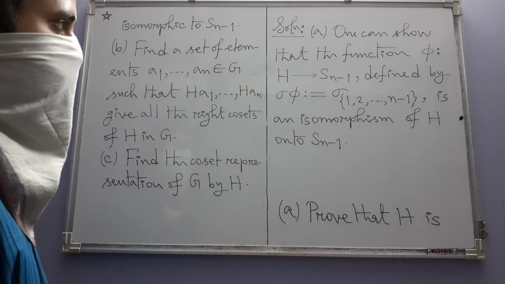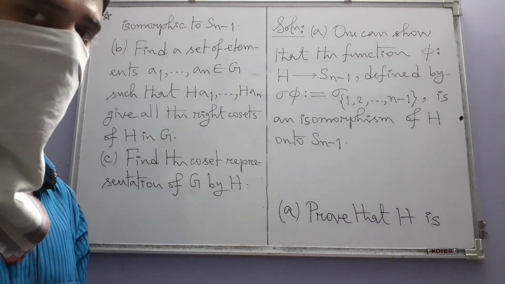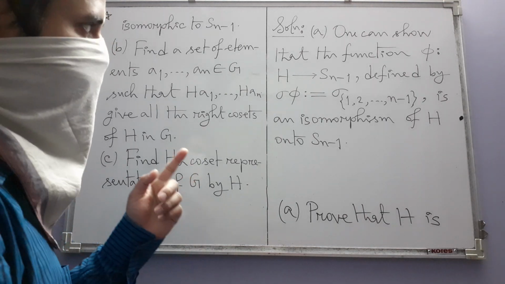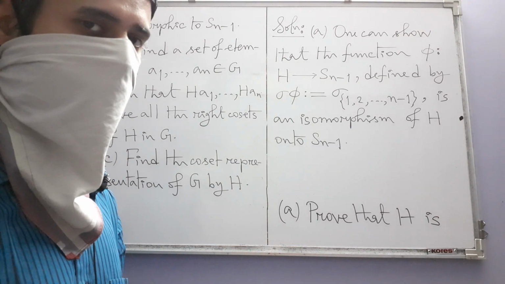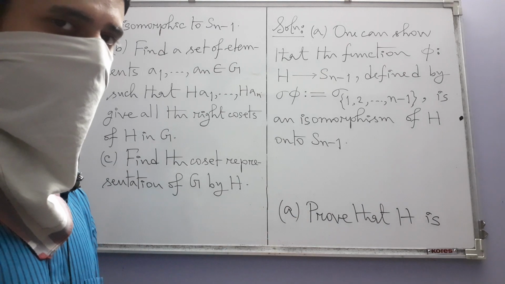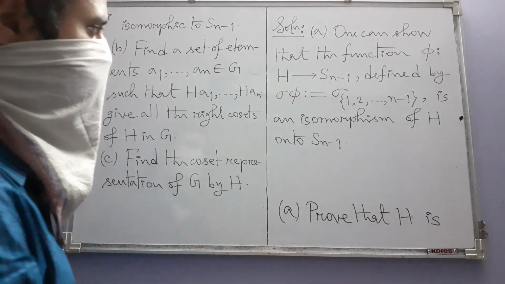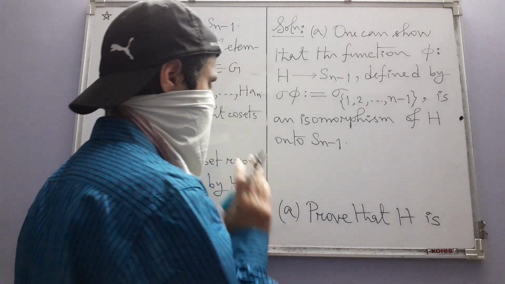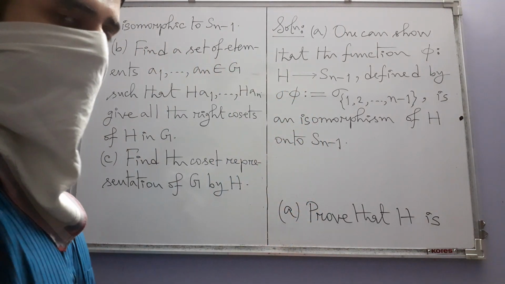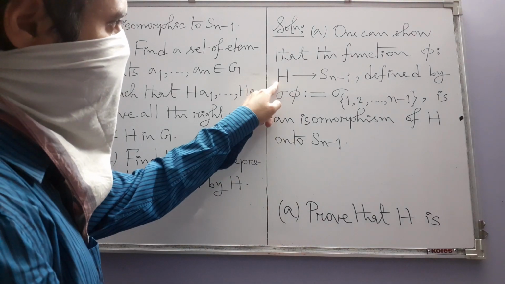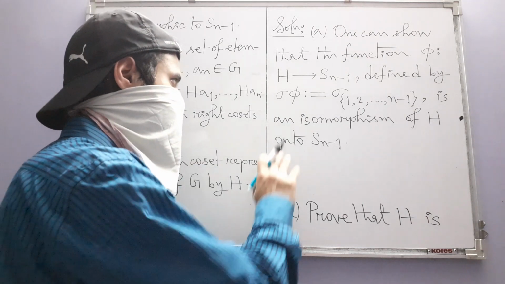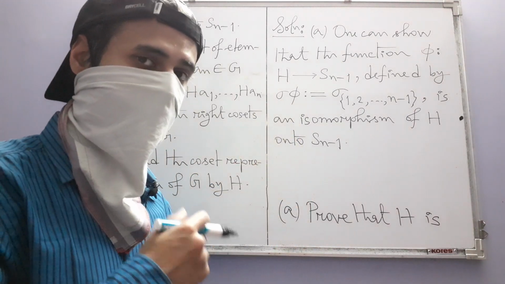So what is H? H is the set of those elements in Sn which fix the symbol n, right? None of them changes n. When you input n, the output is also n. So such functions make up H. Now when you choose one such function, sigma, from H, keep in mind actually you are choosing a function in Sn.